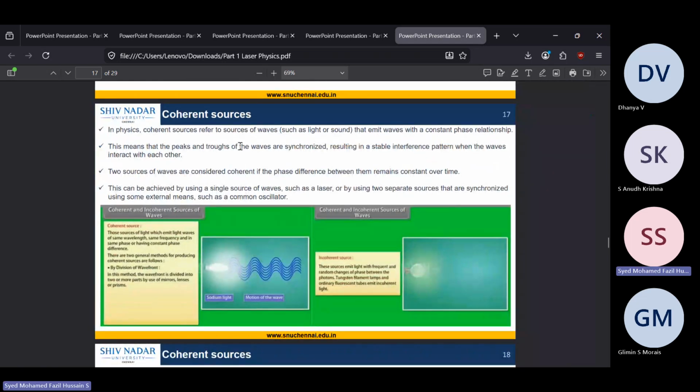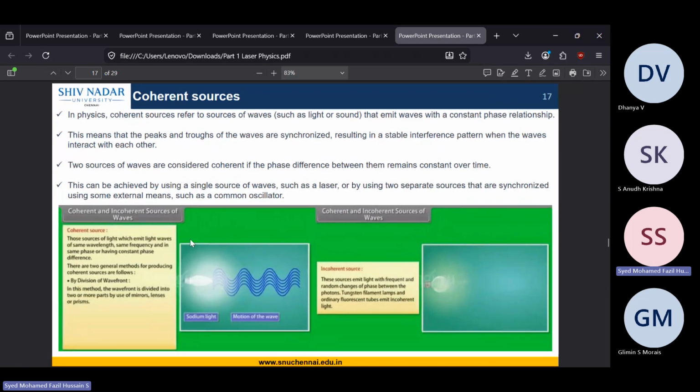Okay, let's see what a coherent source is. Light has a dual nature, but if it acts as a wave, it can either construct or destruct with other waves, right?